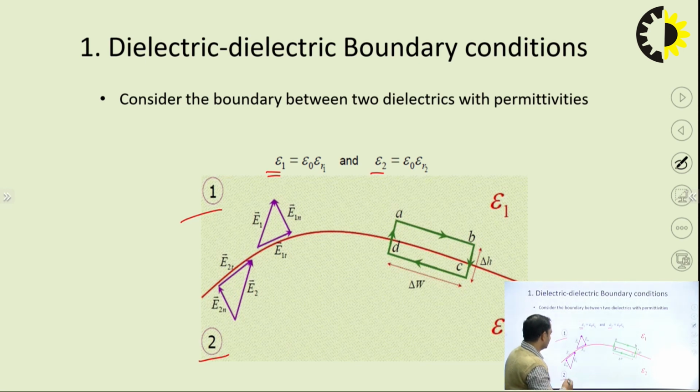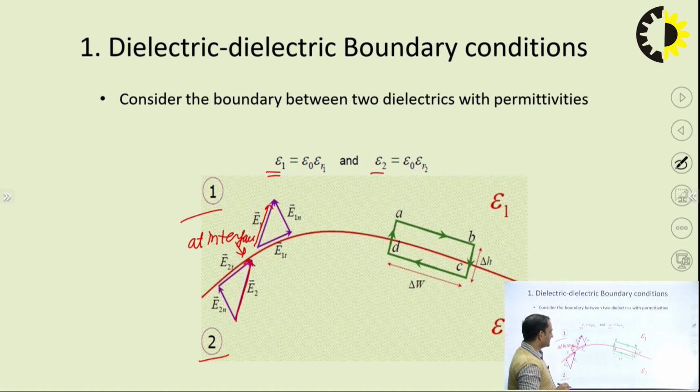We are finding the electric field E2 in medium 2, passing through this interface and going out into medium 1. What we want is how the electric field changes at the interface.